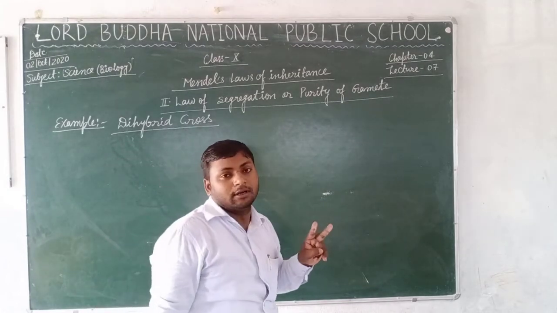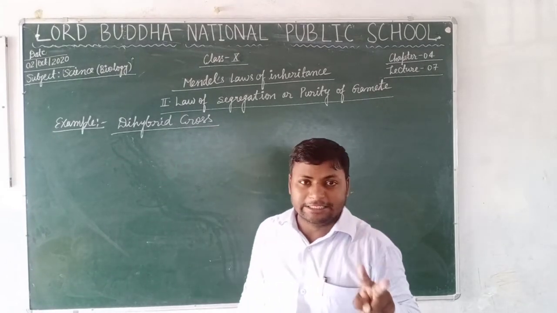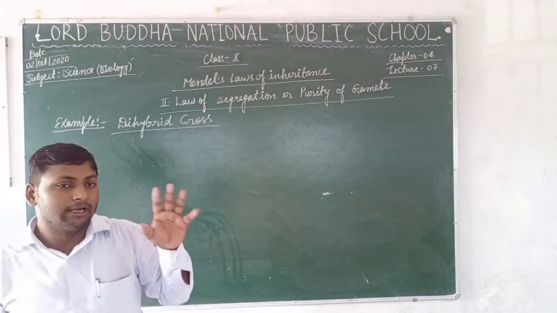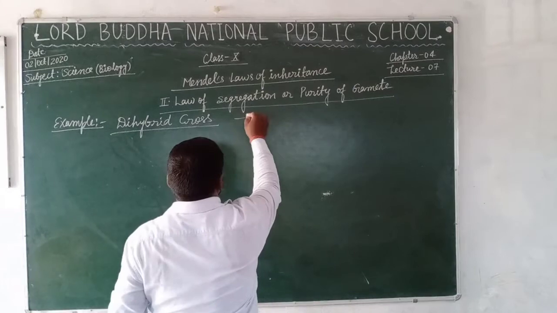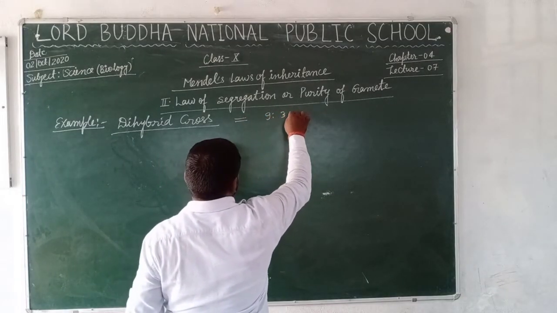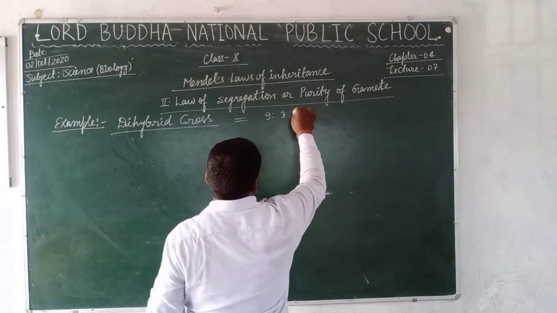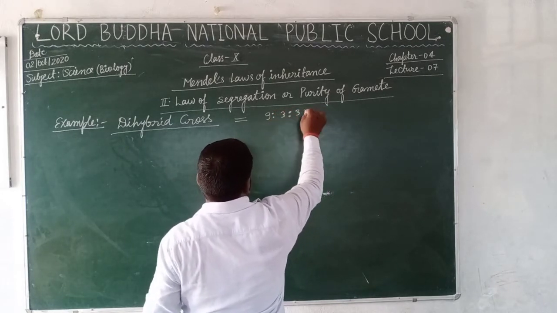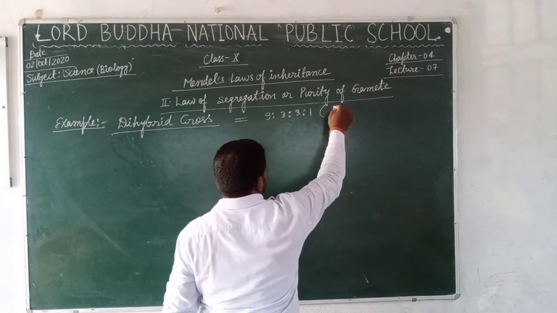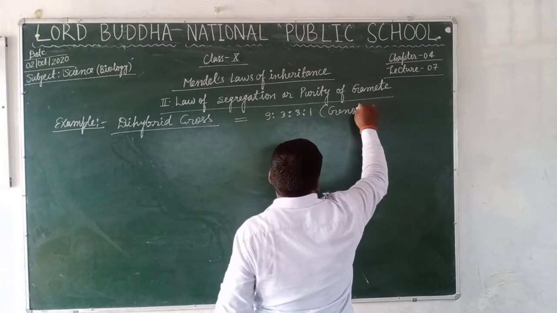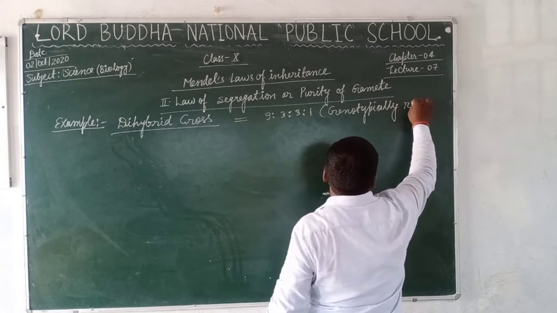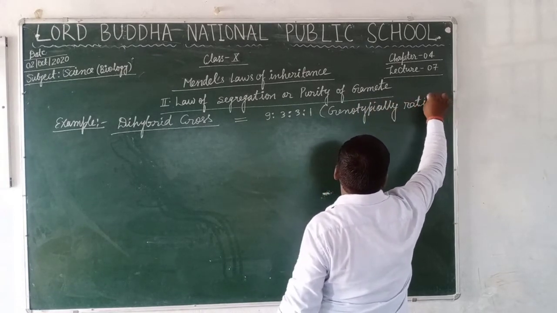When two pairs of contrasting alleles are considered for cross hybridization, it is called a dihybrid cross. And what ratio do you obtain? The 9:3:3:1 ratio is obtained in a dihybrid cross. This is the phenotypic ratio among the individual plants.